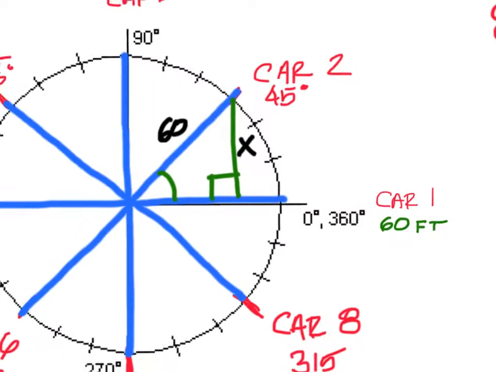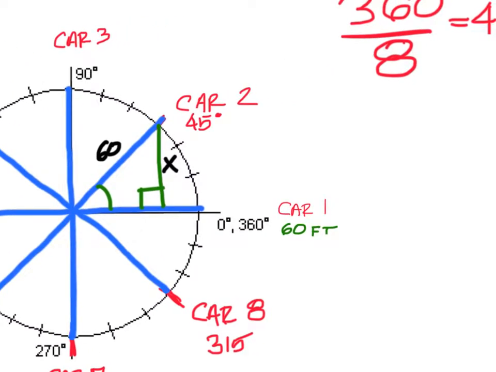In order to solve for that x value, you have to set up a sine proportion. So sine of 45 degrees equals opposite x over 60 feet. When you type it in your calculator, you want to do sine of 45 first and hit enter.